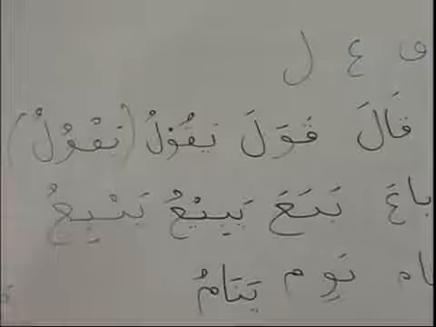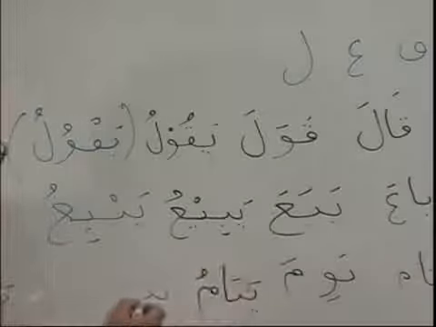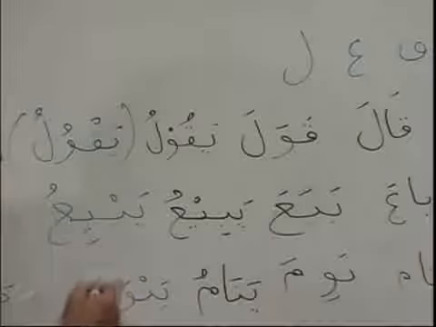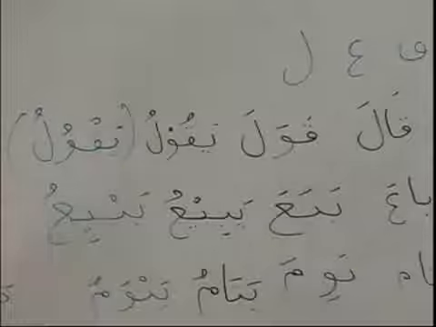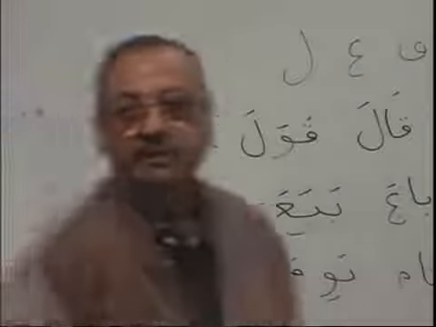See, now we are going in detail. And this is nayama became yanyamu. Now yanyamu changes into yanamu. These are the changes that take place, brothers and sisters. So keep that in mind. There are only 3 forms in ajwaf.